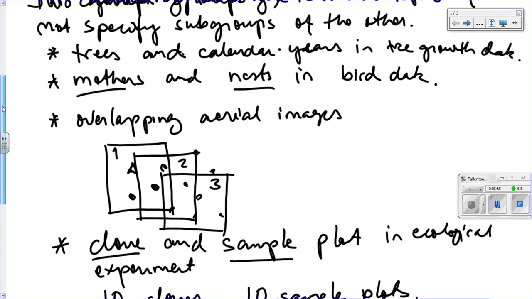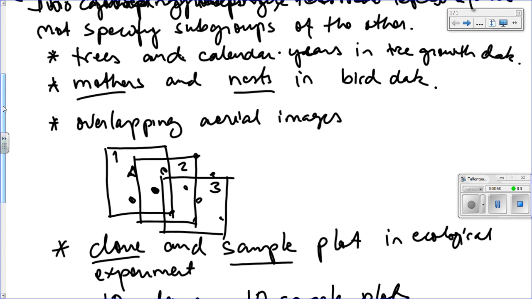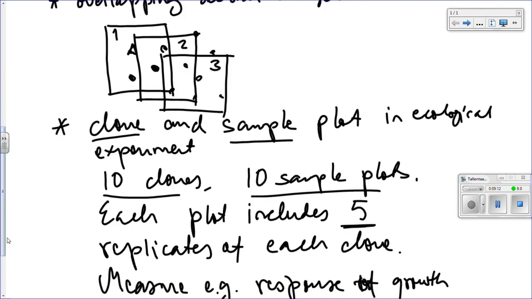So in these previous examples, for each combination of tree and calendar year we have only one observation, or for each combination of tree and image we also have only one observation. But in this case, we have 5 observations for a certain combination of clone and sample plot.